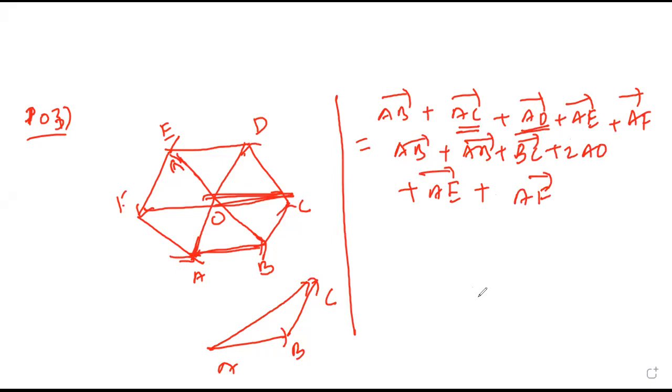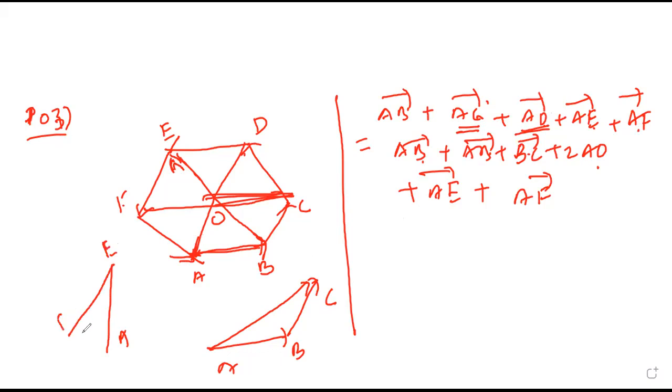No, sir. That's clear cut. AB as it is. AC I wrote AB plus BC. AD is double AO. AE plus AF we got. AE plus EF. See, A to E is one vector, and then EF.